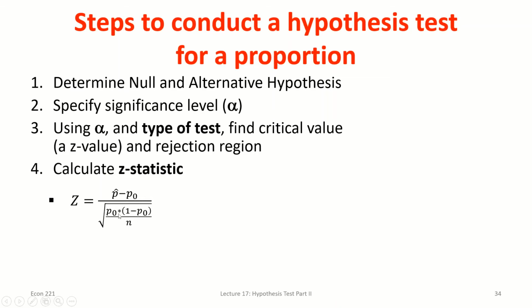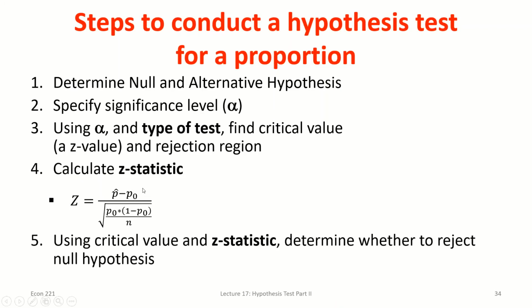I'm assuming this is the true proportion, so I'm using that in my test statistic calculation. Other than that, it doesn't change from what we're doing with confidence intervals. Okay? So a slightly different equation for my z statistic. But once I have that, if that z statistic falls in my rejection region, I reject. If it's not in that rejection region, I fail to reject.